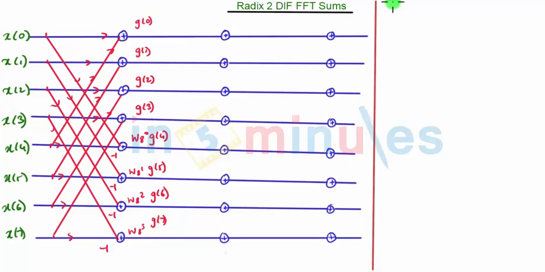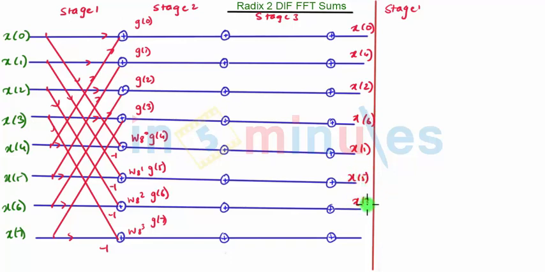Let us specify the stages, that is stage 1, stage 2, and stage 3, and here will be the final output. But remember, the final output will be in bit reversed order, that is x of 0, x of 4, x of 2, x of 6, x of 1, x of 5, x of 3, and x of 7, like the input for DIT. So this is the third stage of decimation.